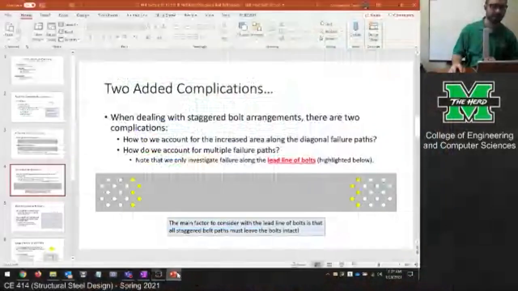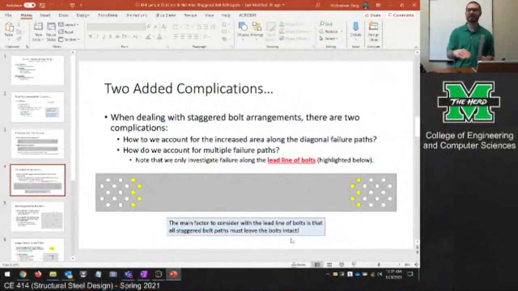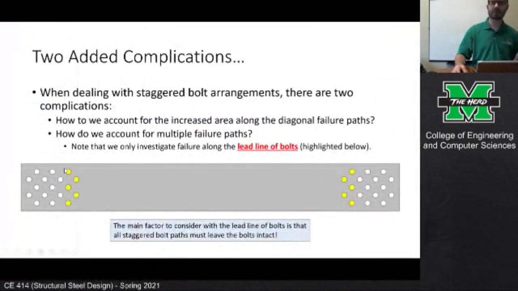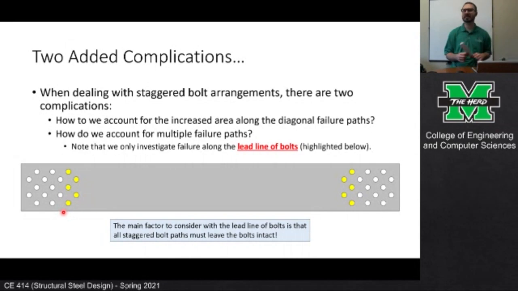If I go back to the slides, imagine that tension member is a sheet of paper. If I'm yanking it, the failure paths where that is going to fracture in half are really going to be the ones that fall along this outer region here. Does that make sense? The lead line is always the line of bolts that are closest to the inside. Anybody have any questions on that?